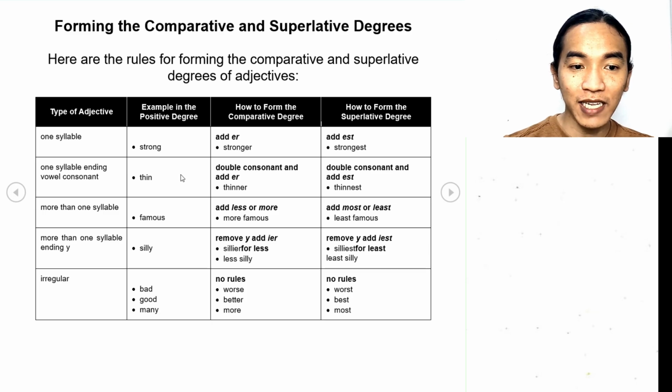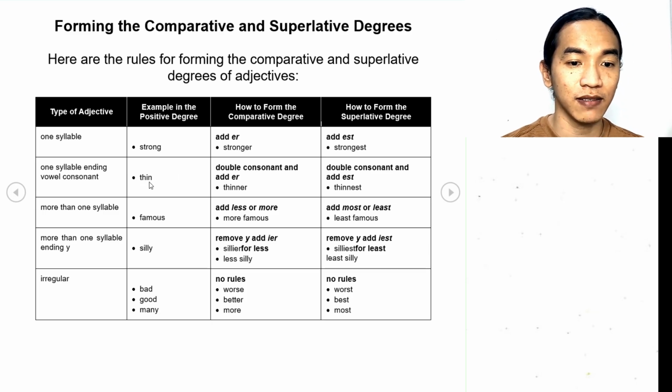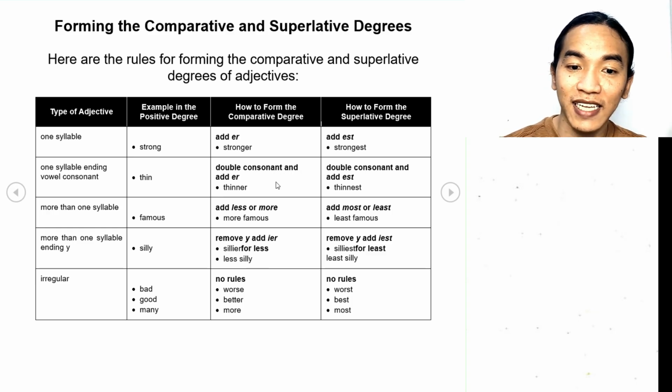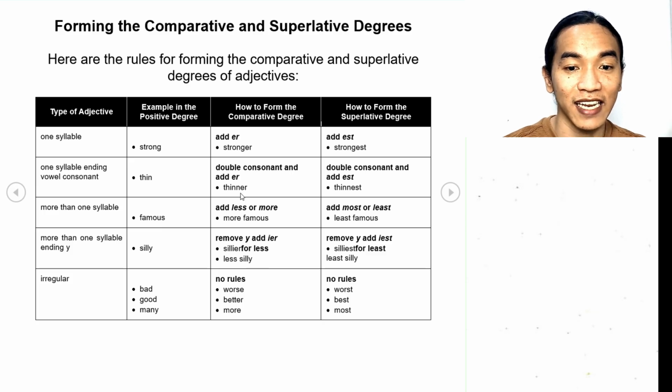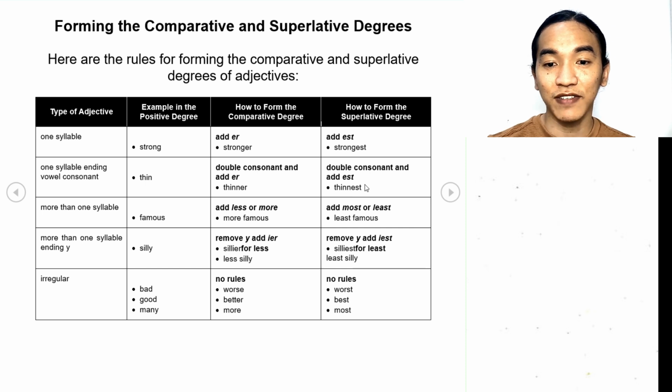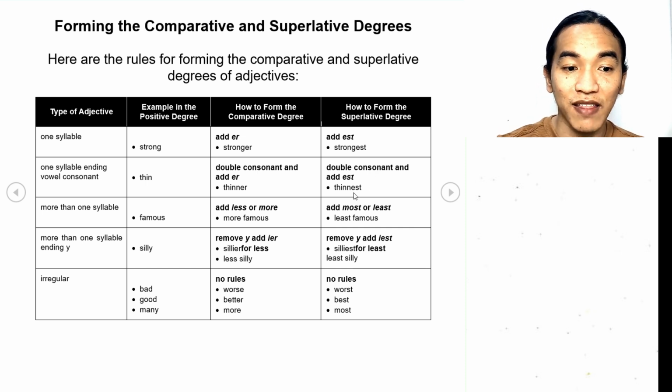Now, for a one syllable adjective ending in vowel and consonant, double the consonant and add er. So thin, with vowel and consonant, you double the consonant, then it becomes thinner, N-N-E-R. And for the superlative, just add est, thinnest.